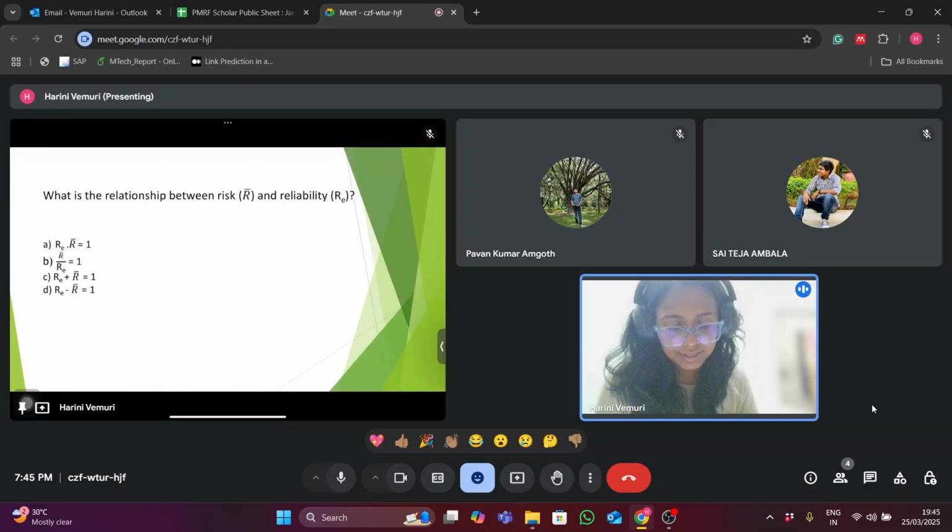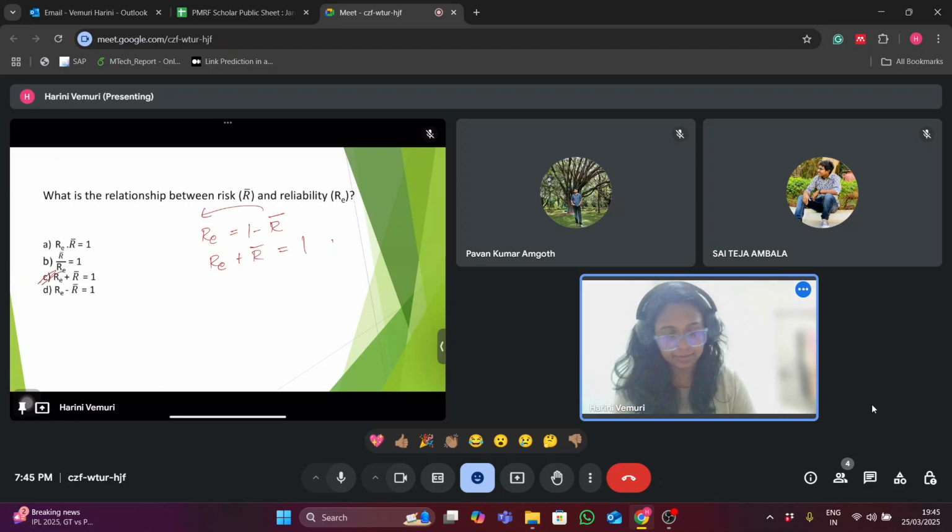So the first question is, what is the relationship between the risk and reliability? So we have written reliability is equal to 1 minus risk. Okay, so R plus R bar will be equal to 1. So send this to the left hand side.